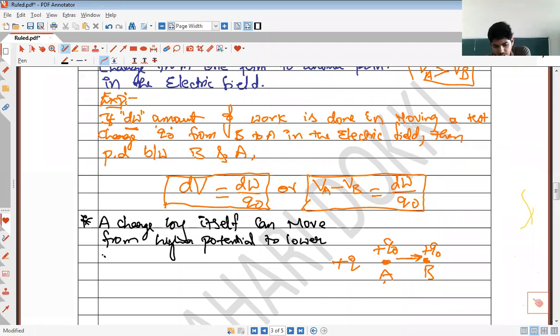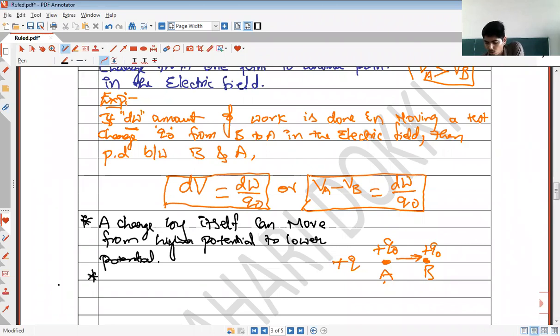Is the reverse true? Can a charge by itself move from lower potential to higher potential? Can a charge by itself move from B to A?